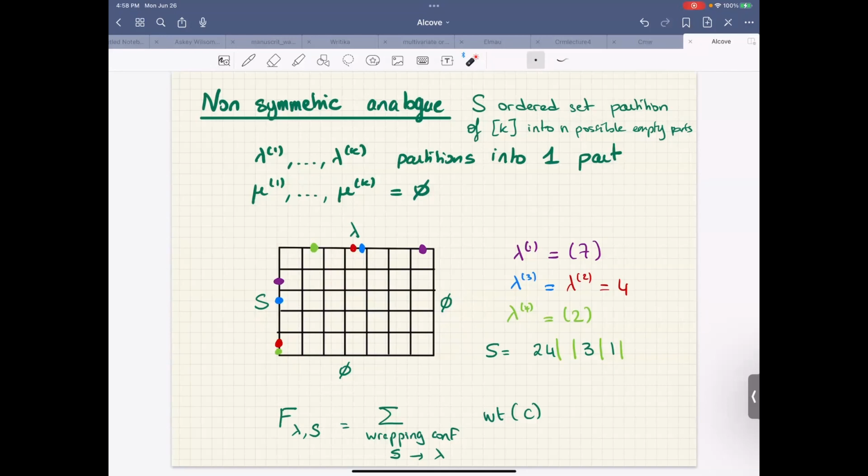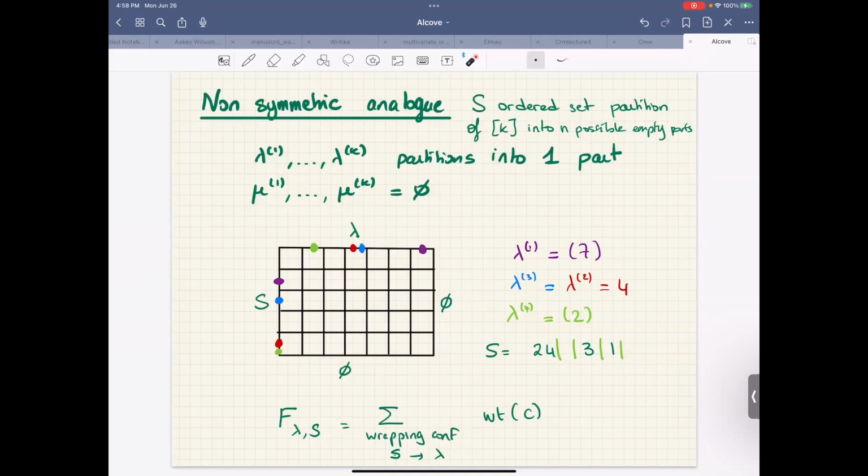So they are indexed by an ordered set partition. We do the same thing: we look at the partition functions of these configurations that start at a given configuration on the left and at a configuration on the right, and we do again the same thing as before.